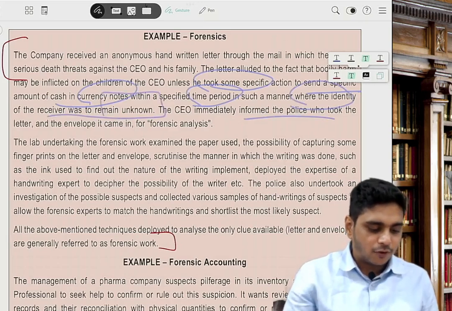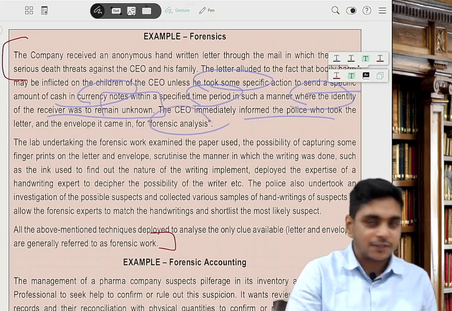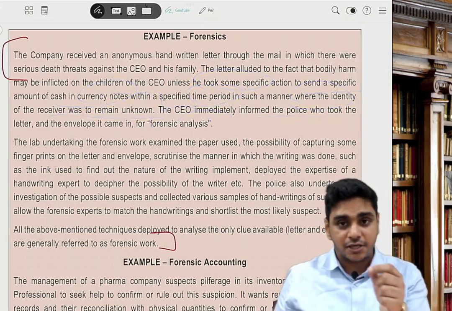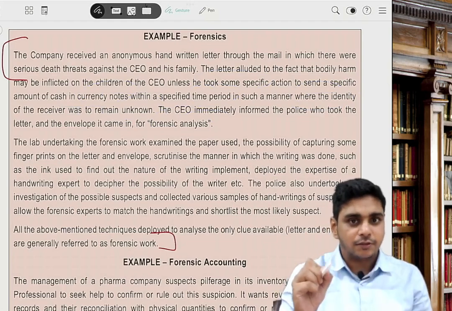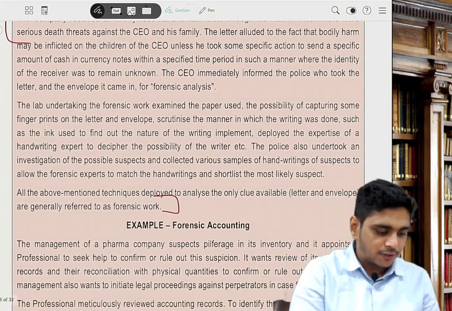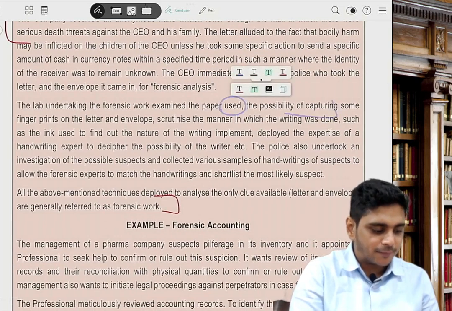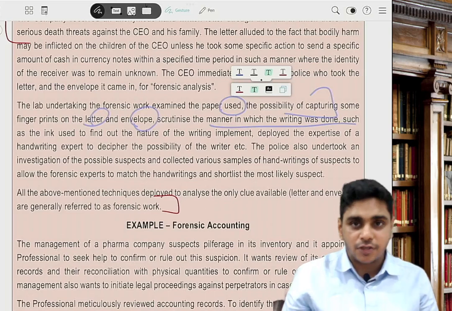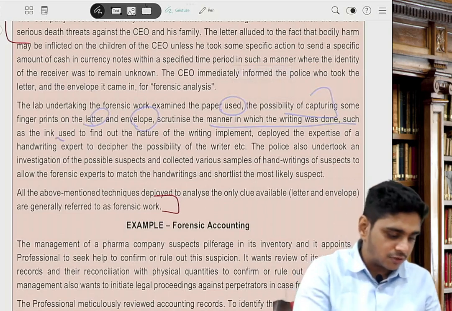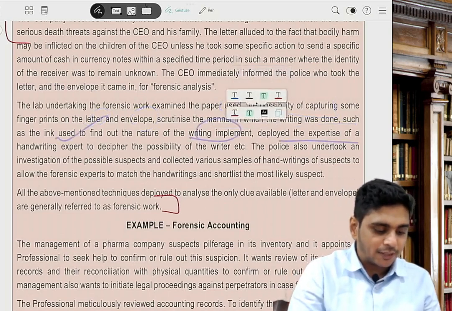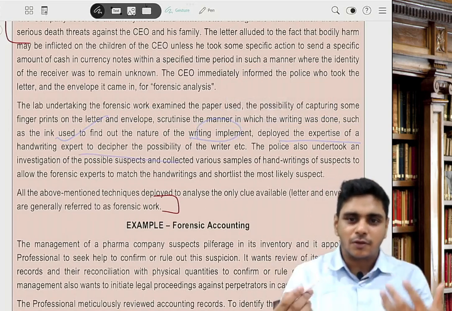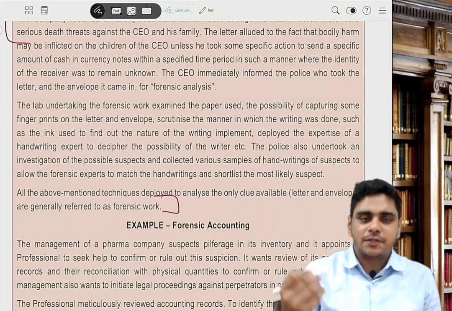The CEO informed the police, who took the envelope for forensic analysis. So they will check the handwriting, right? Where it was written, how it was written. The lab undertakes the forensic activity: the paper used, the possibility of capturing fingerprints on the letter and envelope, and scrutinizing the manner in which the writing was done, such as which ink is used and the nature of the writing, and deploys a handwriting expert to decipher the possible writer.